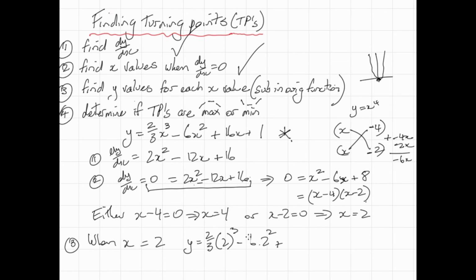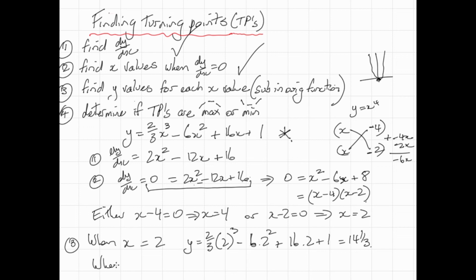One step ahead of myself there. So that's 6 times 2 squared plus 16 times 2 plus 1. And when you work all that out on your calculator, you'll get 14 1/3.